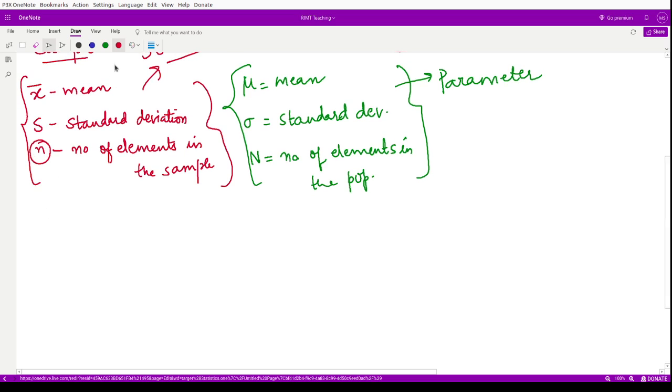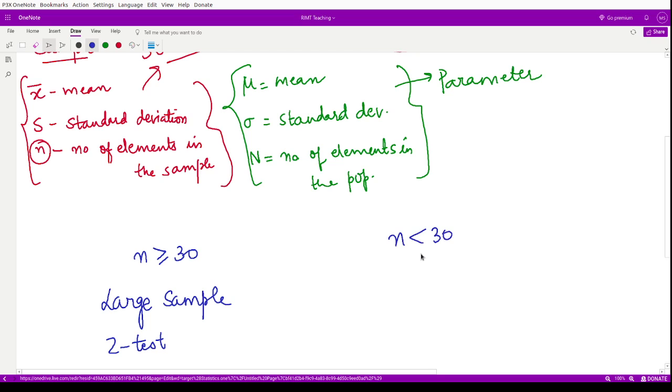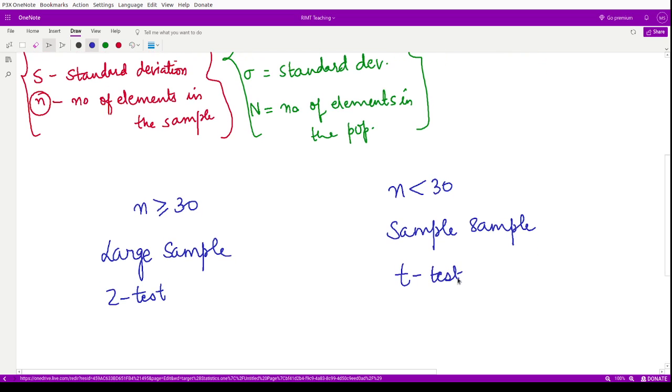Coming back to testing of hypothesis, we have different tests depending on n. Whenever n is greater than or equal to 30, we have a large sample, and in that case we have the z test. If n is less than 30, we call that a small sample, and for that we have the t test, which is the test corresponding to means.